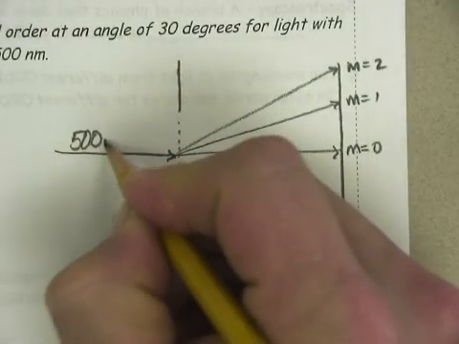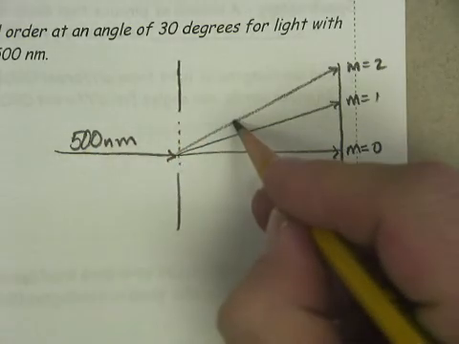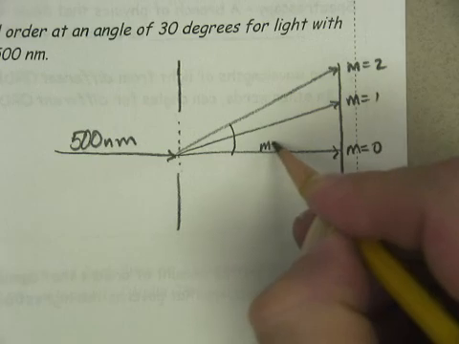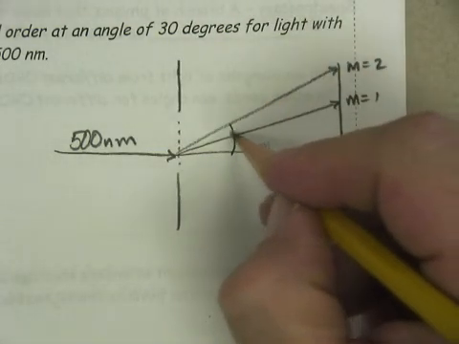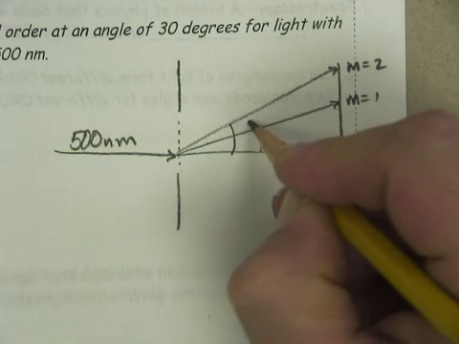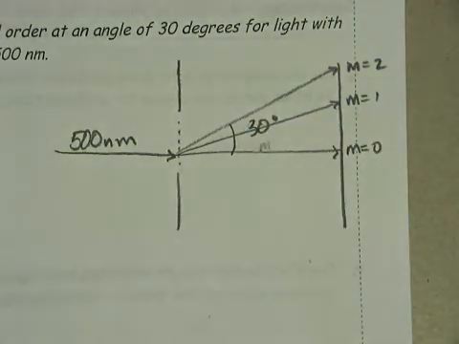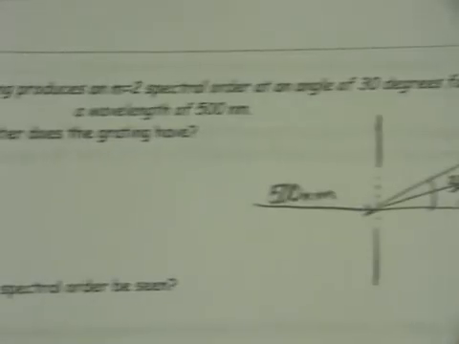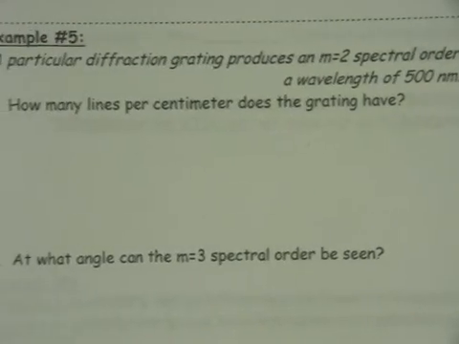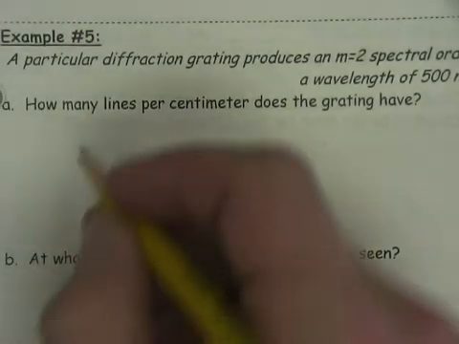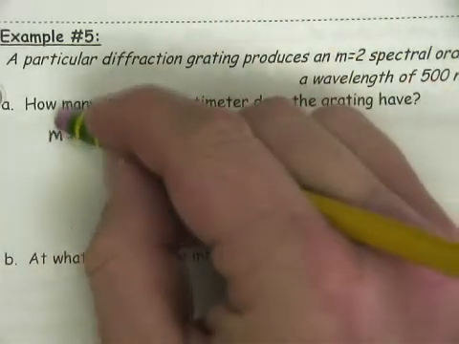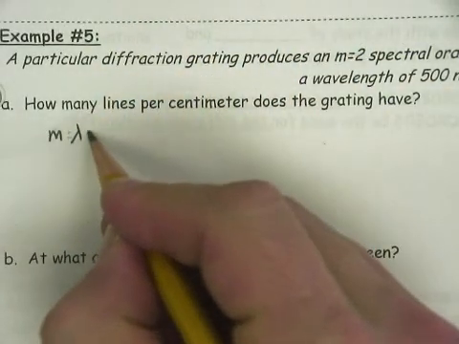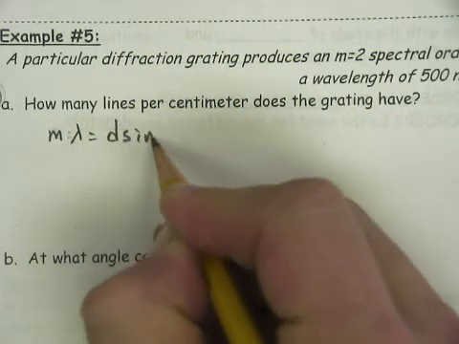We've got 500 nanometers, and for m equals 2, the angle is going to be 30 degrees. So that's going to be D at first shot. We're going to say m lambda equals D sine theta.